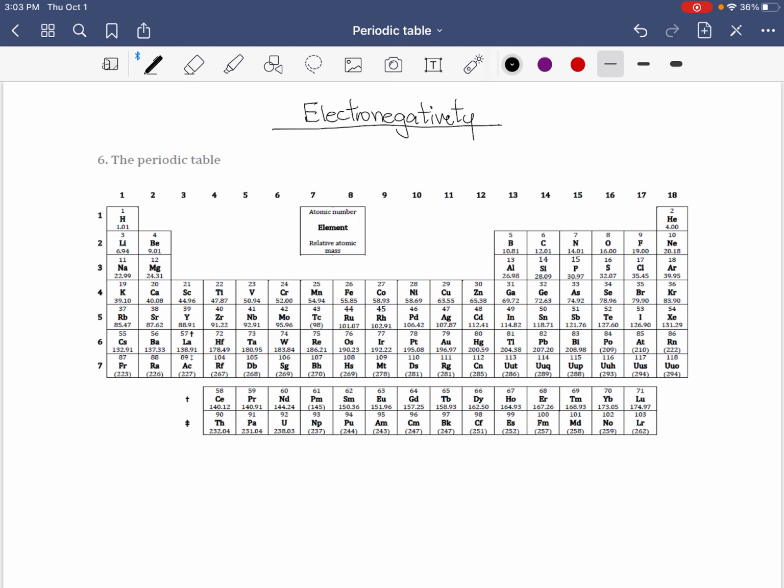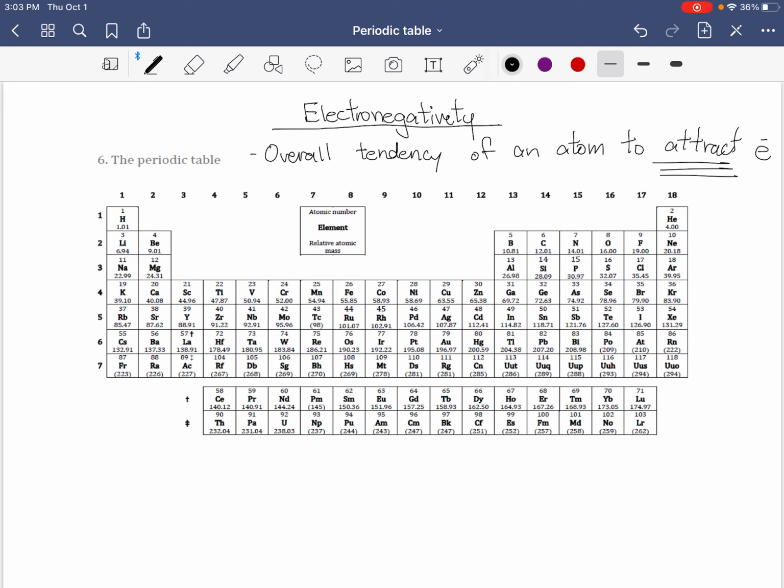Now, what is that? Well, very simple. It's basically the overall tendency of an atom to attract electrons.